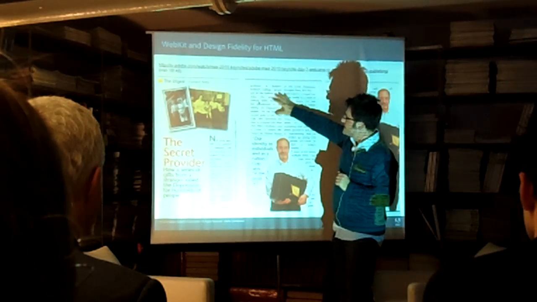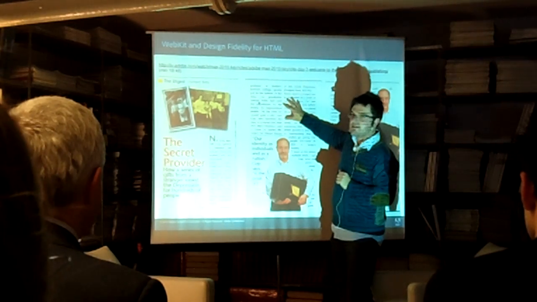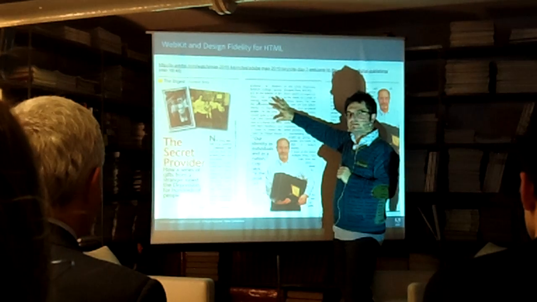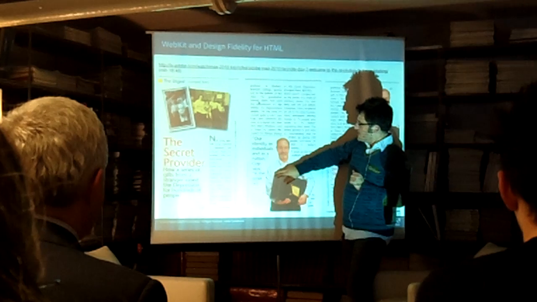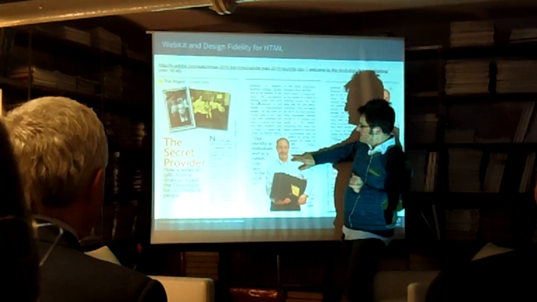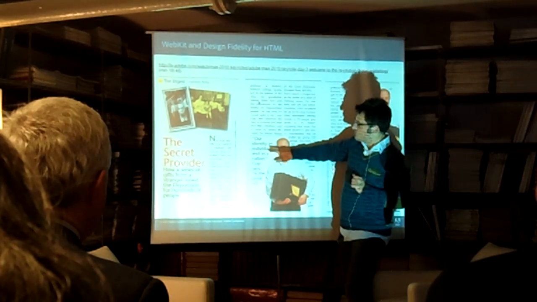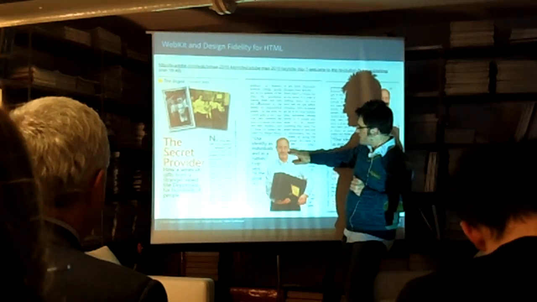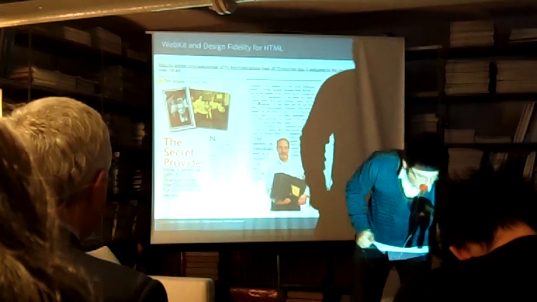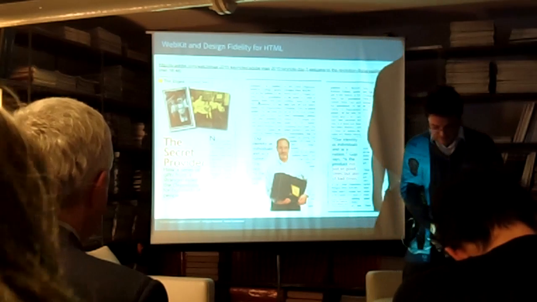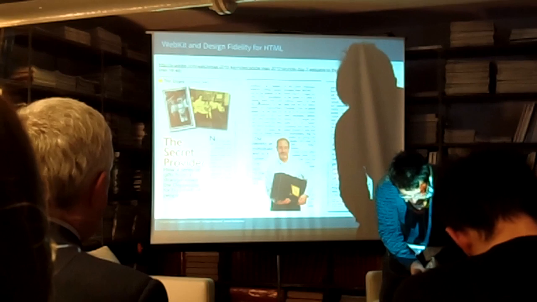Like here, you can see there are two columns, okay? We enable the concept of columns in WebKit. And also we enable a way, by using these new CSS properties, to tell the browser to wrap the text around this arbitrary shape. And I have this application on my mobile, and I want to show you.